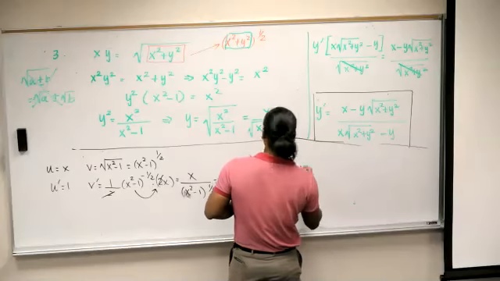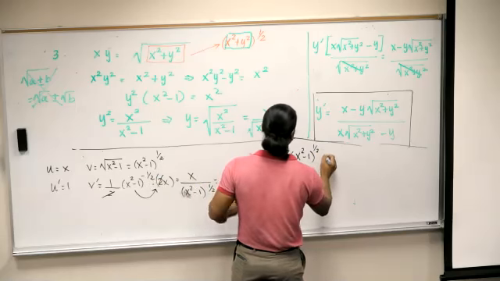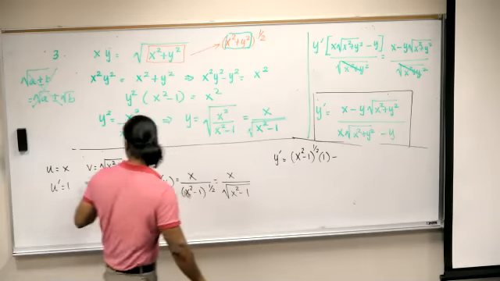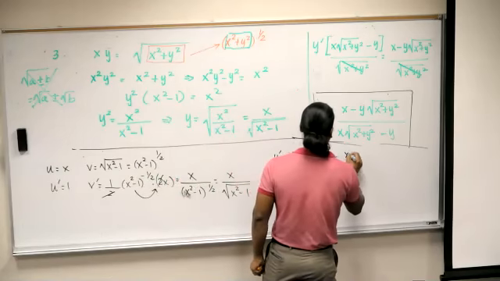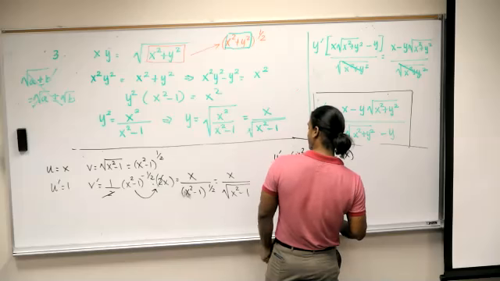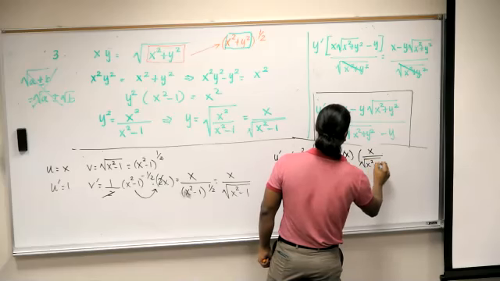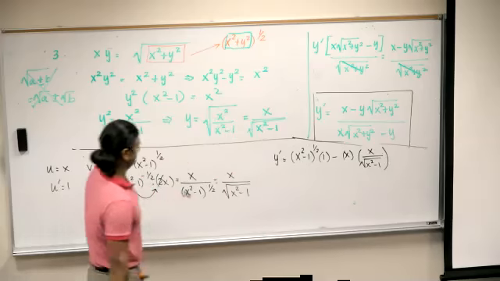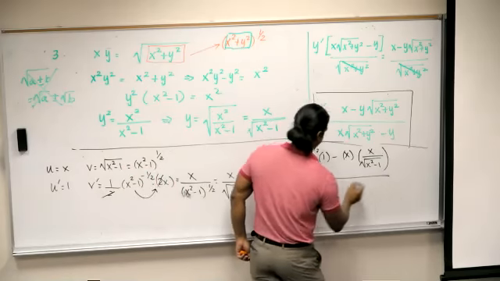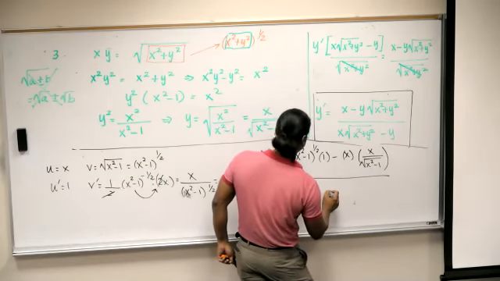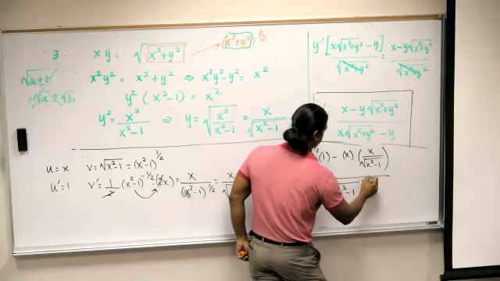So v u prime is the square root of x squared minus 1 times 1, minus u, which is x, times v prime, which is x over the square root of x squared minus 1, divided by v squared, the square root of x squared minus 1 squared.